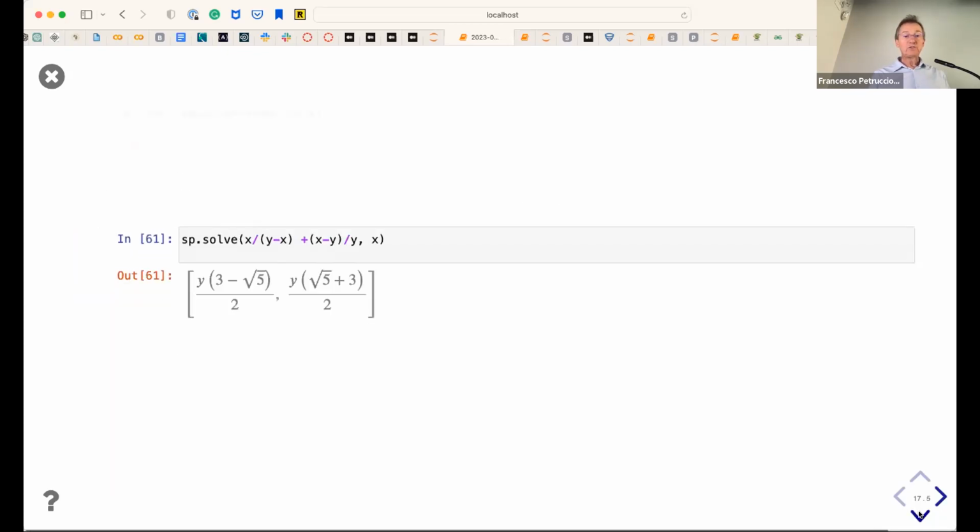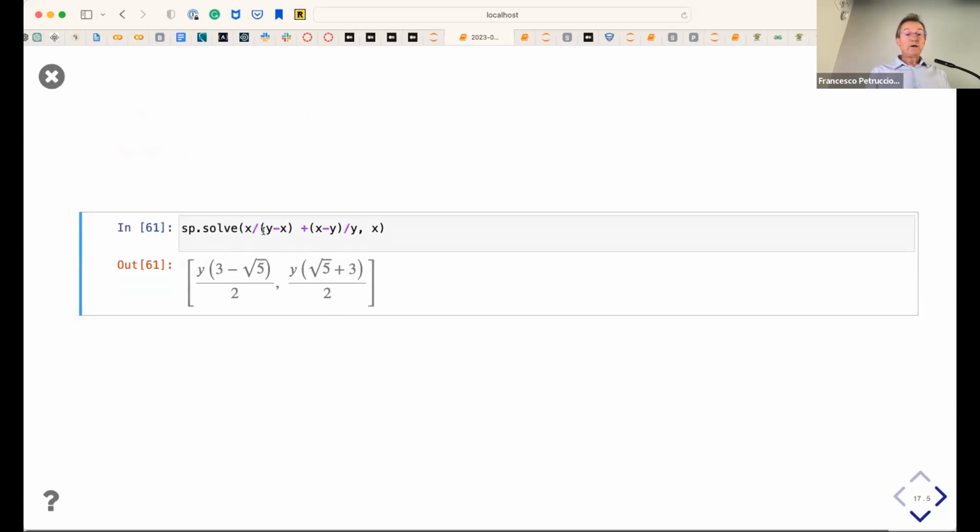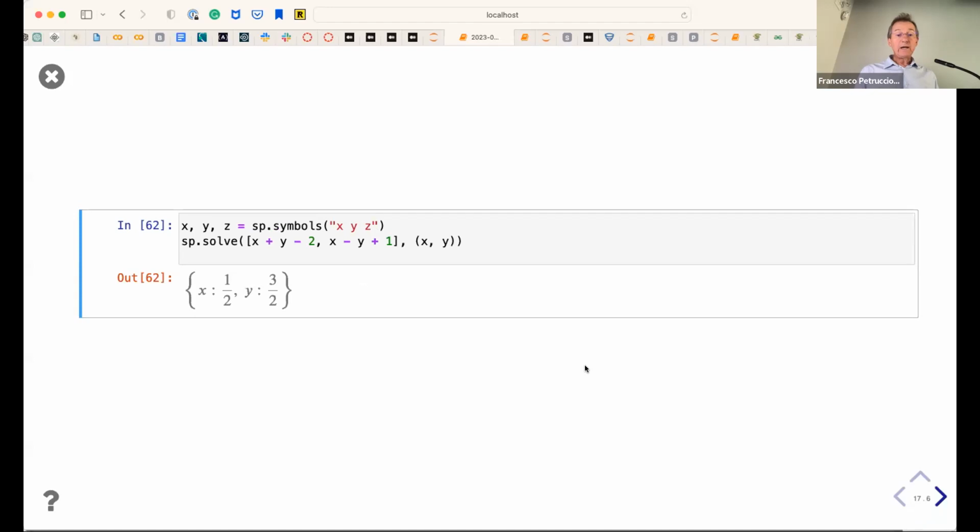And we tried a few versions. Then we tried also a more complicated expression that depends on x and y, and we want to know what is x expressed in terms of y, and that works as well. And then we tried a linear system of equations, x plus y minus 2 equals 0, and x minus y plus 1 equals 0, and we solve for x and y, and SymPy gives you x equal that and y equal that.